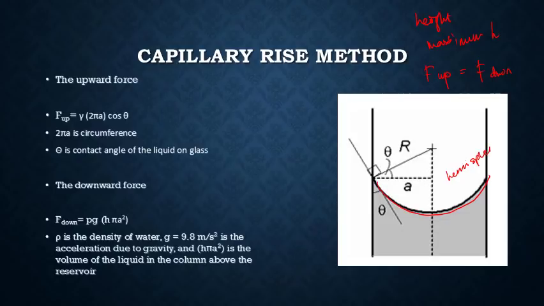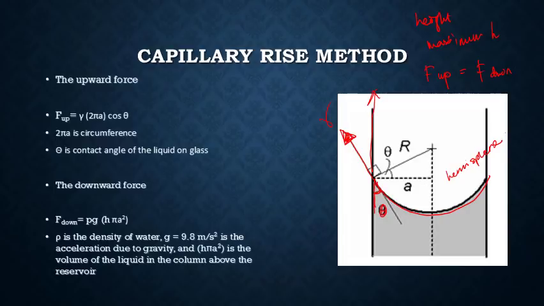What is the force upward? If this is a hemisphere, the force acting in this direction is what you call the surface tension. To consider the vector, for example, here is the angle of the meniscus to the wall.